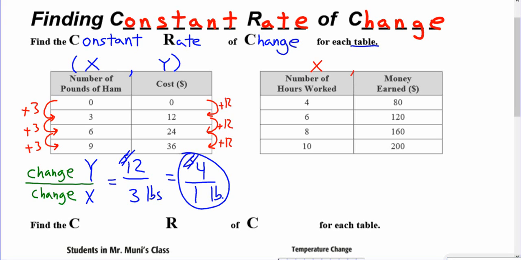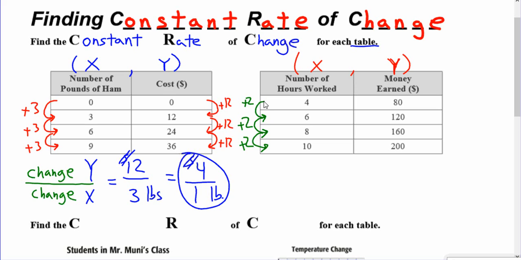Okay, for the next table, we have our x, we have our y. And for the number of hours worked, it started off with 4, it went to 6. So that's a plus 2. And from 6 to 8, well, that's another plus 2. From 8 to 10, it's another plus 2.